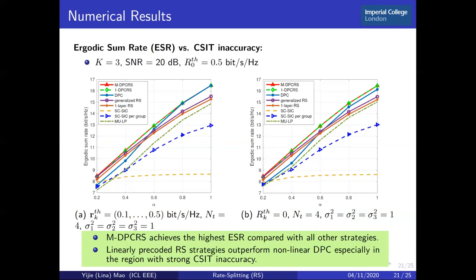However, as CSIT becomes worse, especially in this region, the performance of DPC drops quickly. It is even much worse than the linearly precoded rate splitting schemes that we proposed in our previous work. In comparison, our proposed DPCRS, the red curve, outperforms all other strategies.